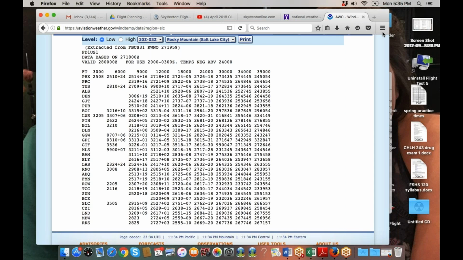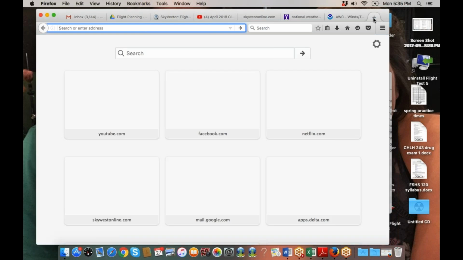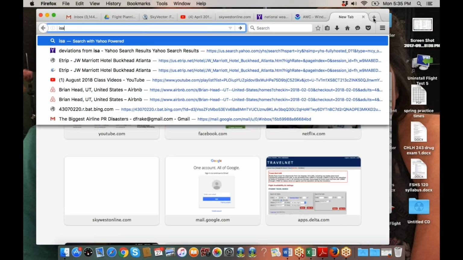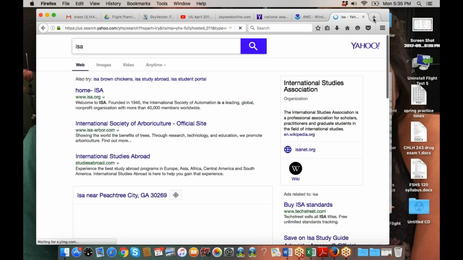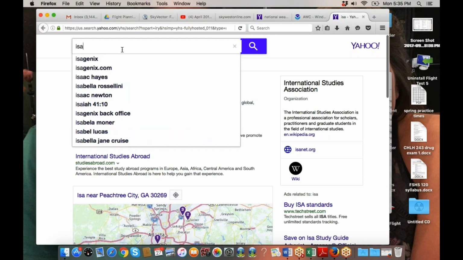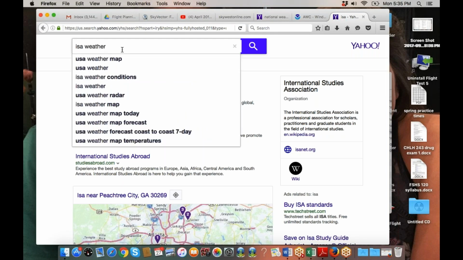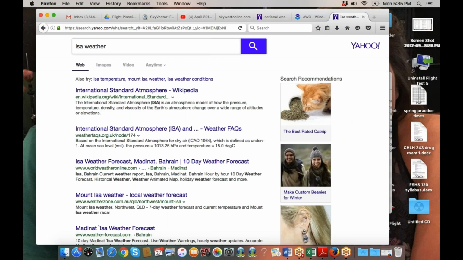That's just what we use standard across the board. That is called ISA. Actually, I'm struggling to remember what ISA stands for now. International Standard Atmosphere.